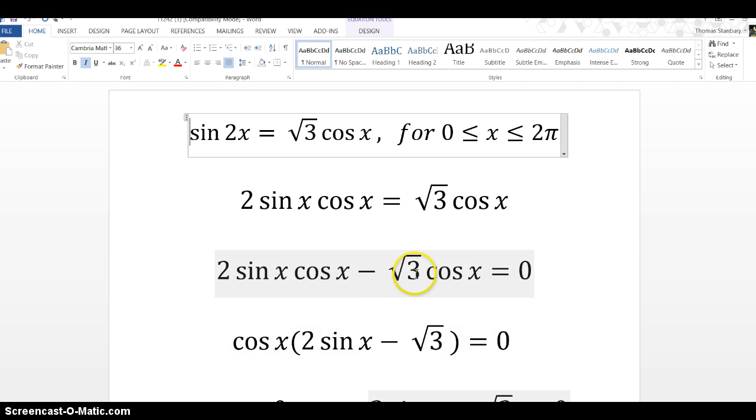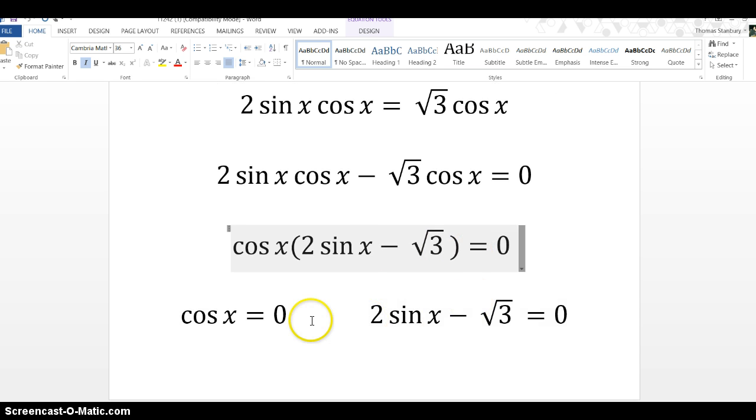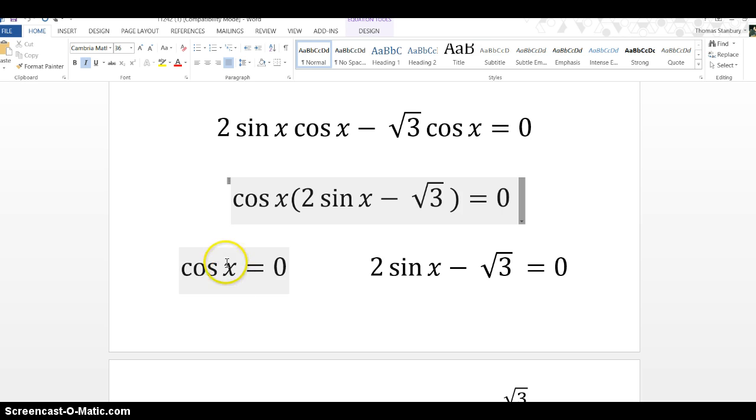I've got a cosine in both of these, a common factor. So we factor out a cosine x, and what's left is 2 sine x minus root 3. So either, again, cosine x equals 0 or 2 sine x minus root 3 equals 0, and we solve.